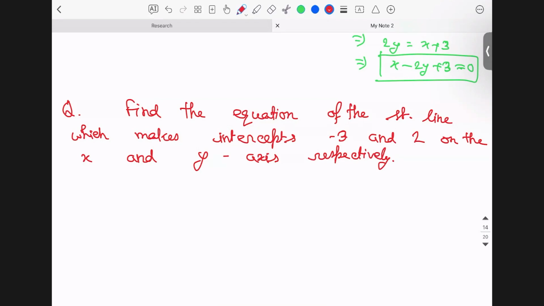So what they are asking is to find the equation of the straight line which makes an intercept of -3 and 2 on the x-axis and y-axis.